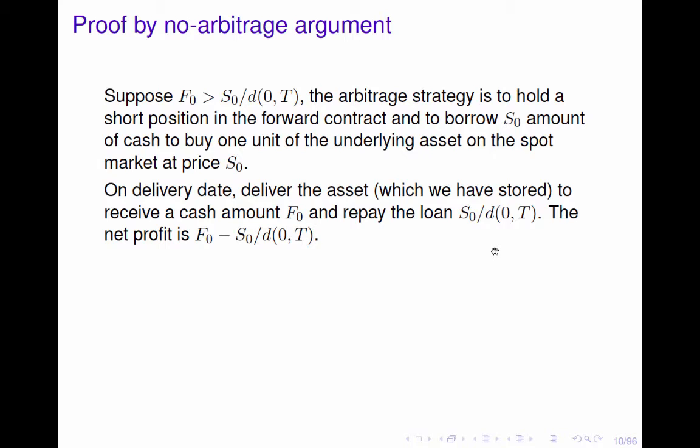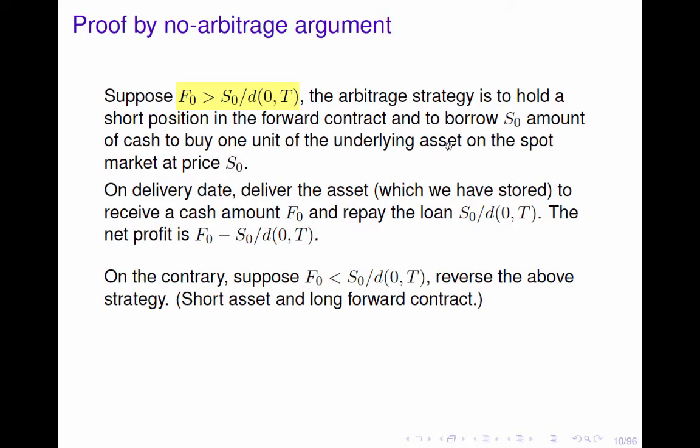On the delivery date, we will deliver the asset to the buyer of the forward contract and receive F0 amount of cash. The loan will then grow to S0 divided by the discount factor. After paying back the loan, we still have net profit F0 minus S0 divided by the discount factor, which is positive based on our assumption.